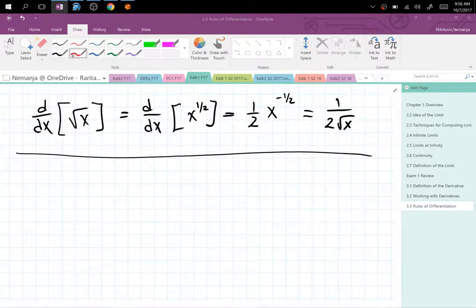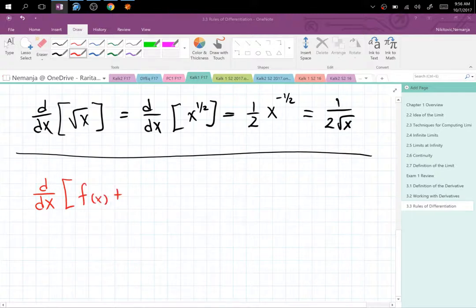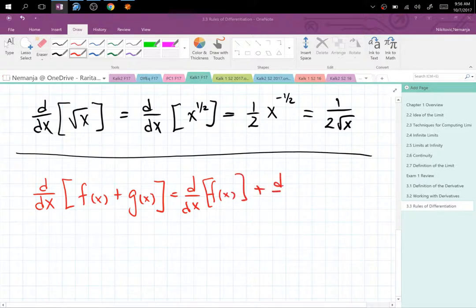So this next rule says that you can take the derivative of the sum of two functions separately. So you take the derivative of one plus the derivative of the other. Now, this rule allows you to deal with x squared plus 1.